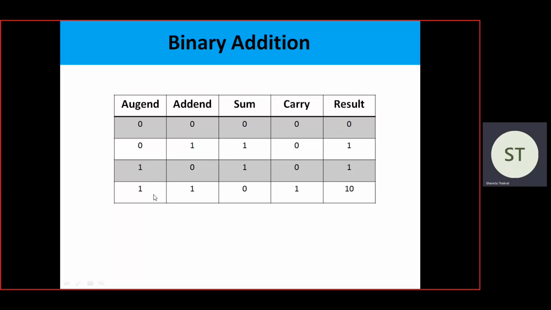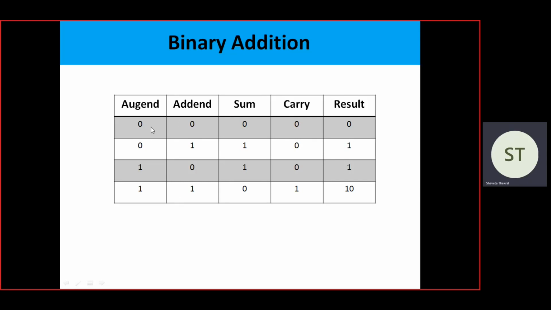And the fourth is the augend and addend both are 1. So there are four possibilities in total, because in binary we have two possibilities, either 0 or 1. The augend and addend can have four combinations: 0 0, 0 1, 1 0, or 1 1.